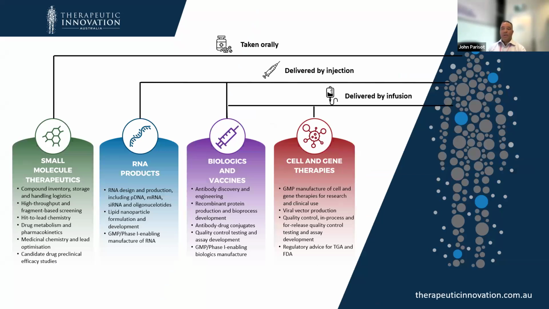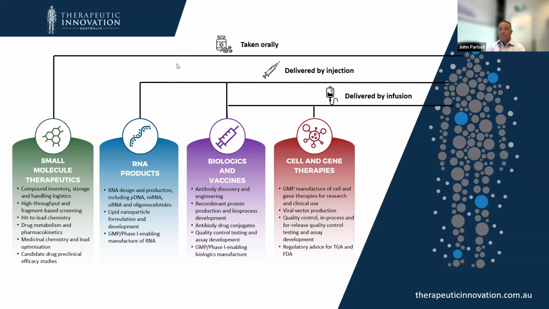Some of the therapeutic products are usually taken orally, like small molecules and antibodies in many instances, and others are delivered by injection, like RNA products and vaccines, as we know, and also regenerative or cell and gene therapy is delivered by infusion.